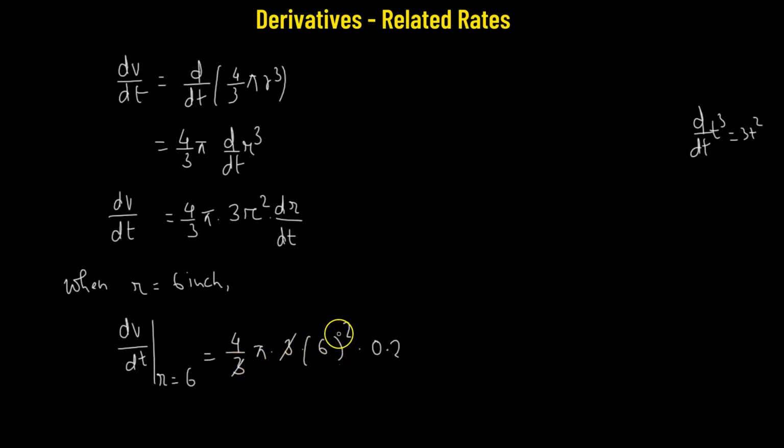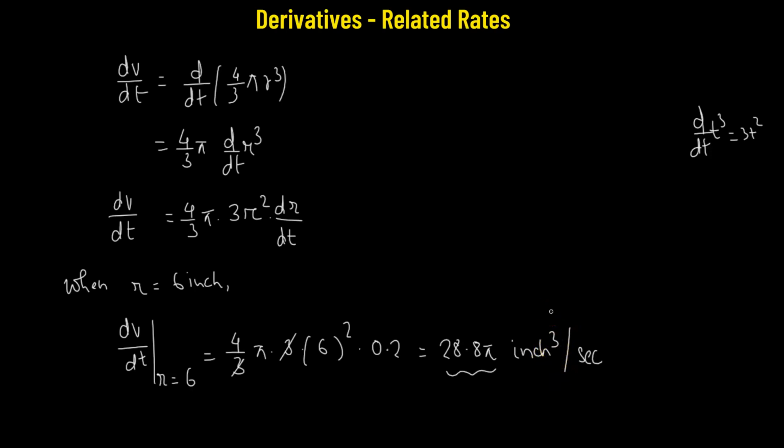So we have 6 squared will be 36. 36 times 4 times 0.2. So this gives us the value 28.8 pi cubic inches. That will be cubic inches per second. So this is the rate of change of volume, 28.8 pi cubic inches per second.